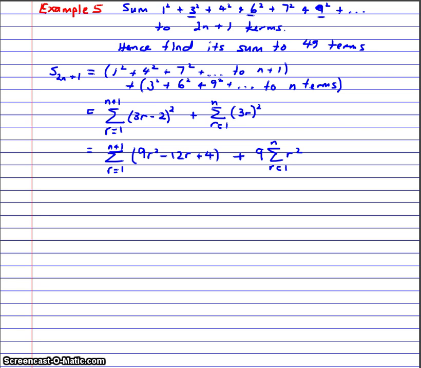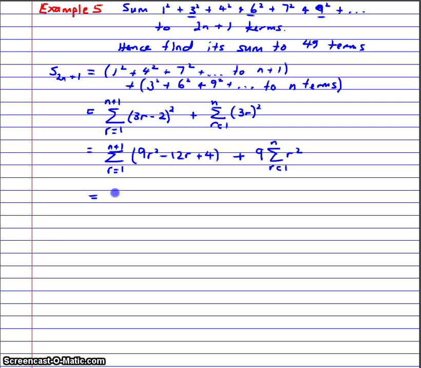And with our first series, we can split that up into 3 more series with sigma notation, and so we're going to have 4 sets of sigma notation, which we can then utilise what we know on our information sheet and go from there.